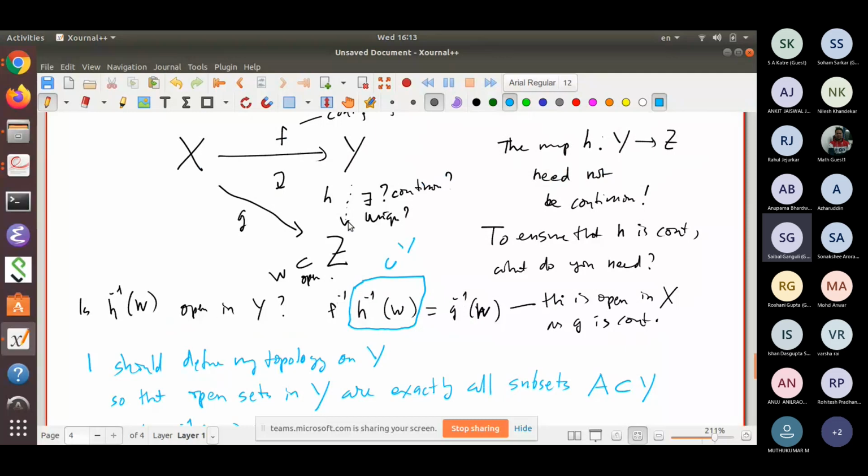So the inverse image of W here is open, and so this is continuous.